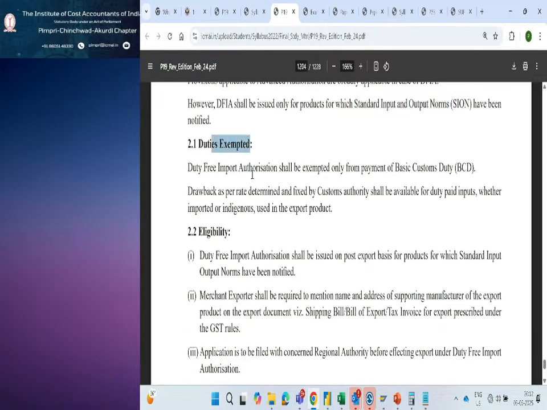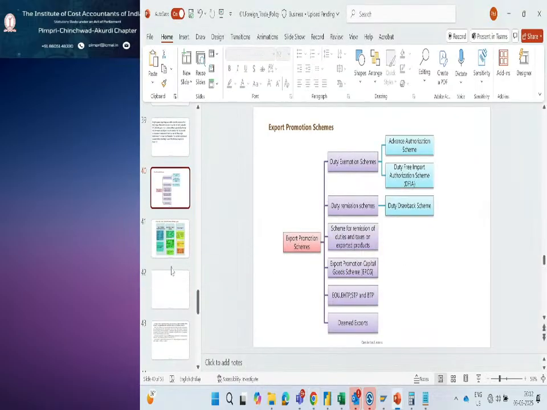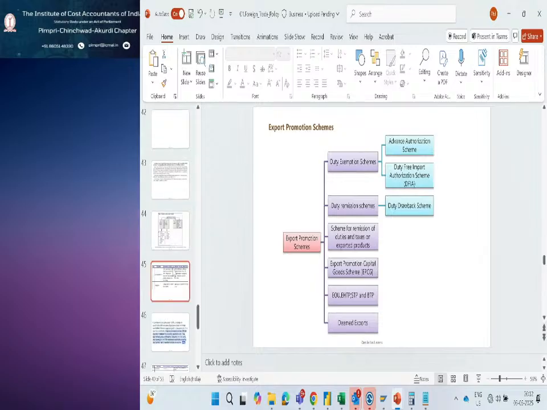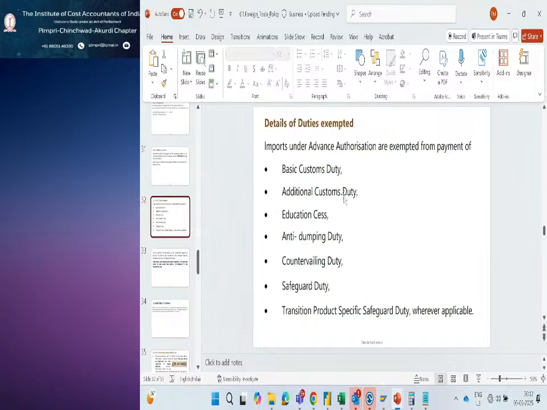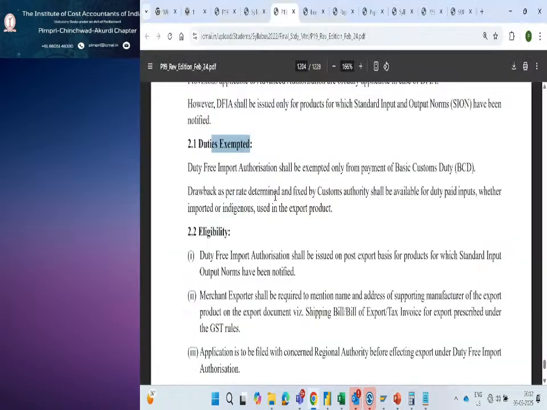Duties exempted. The difference we have also seen, and here also we have seen what duties are exempted. This you should remember: that was for the advance authorization scheme, but for DFIA only BCD is exempted. The drawback as per the rate determined and fixed by the customs authority, this is the general one.